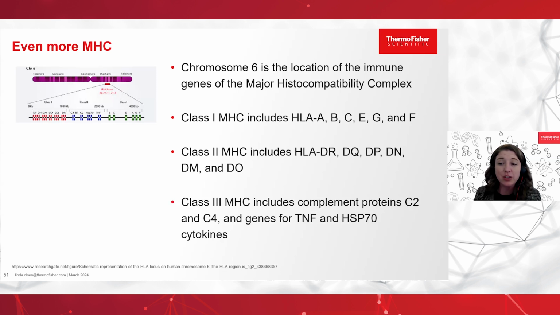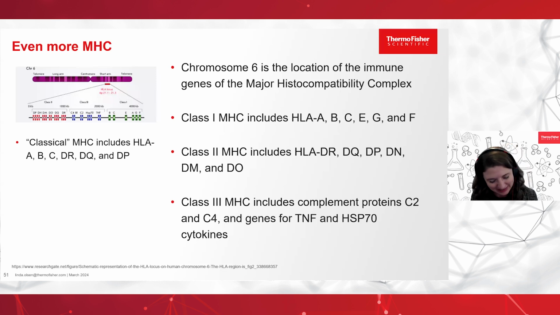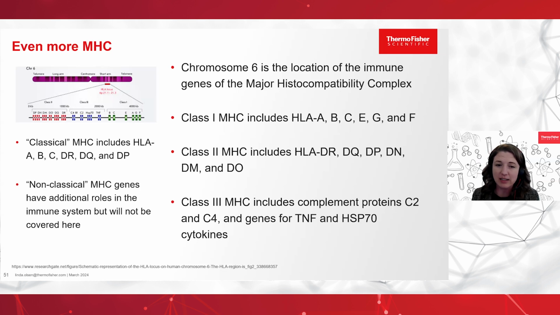And HLA class 3 includes the complement proteins C2 and C4 and genes for tumor necrosis factors and heat shock protein 70, which are cytokines. Classical MHC includes HLA A, B, C, DR, DQ, and DP. And non-classical MHC genes have additional roles in the immune system, but they'll not be covered here.